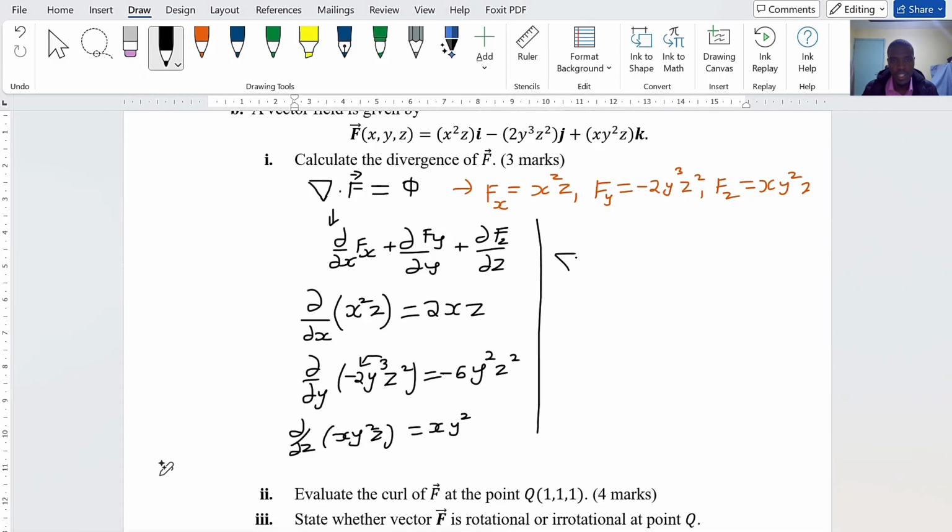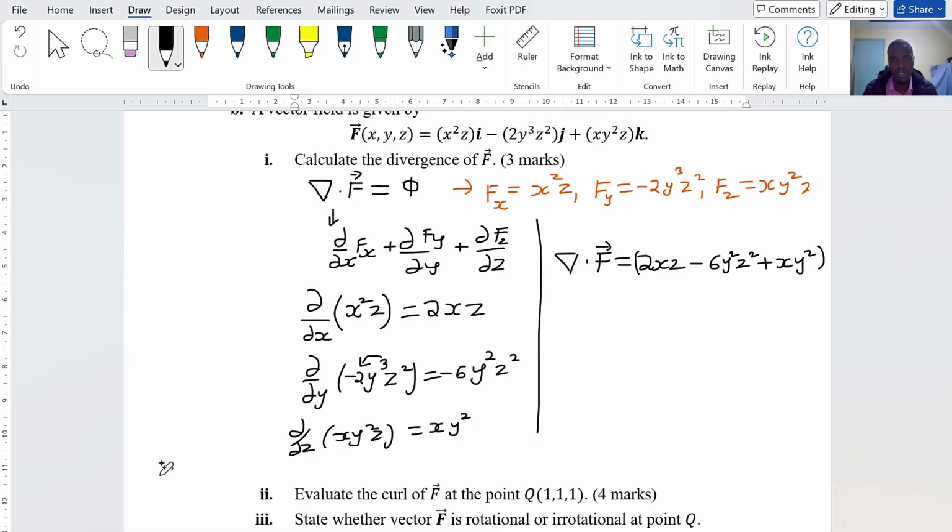So the divergence will give us a scalar, which is, we can put them together, 2xz plus, not plus but minus, because it is minus. So 2xz minus 6 y squared z squared, then plus x y squared.